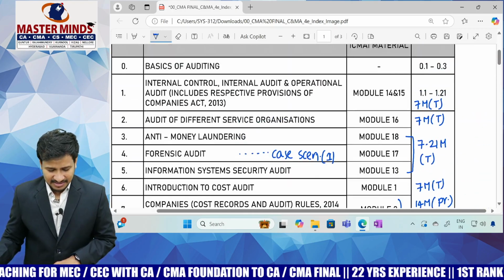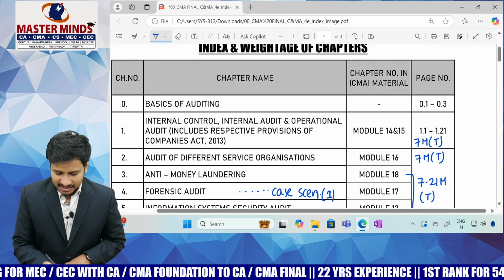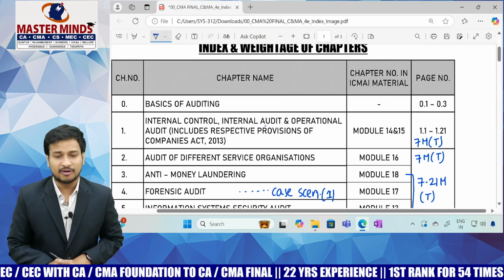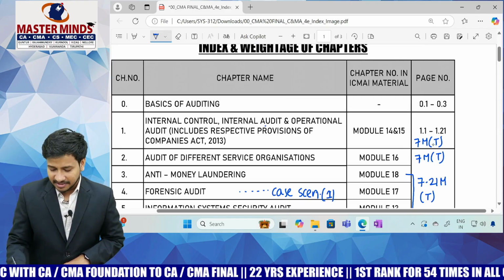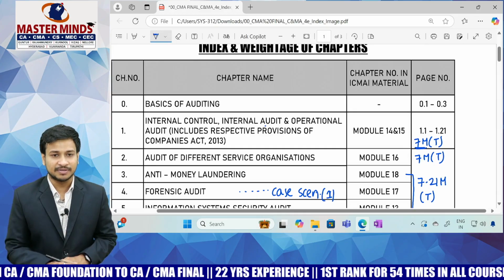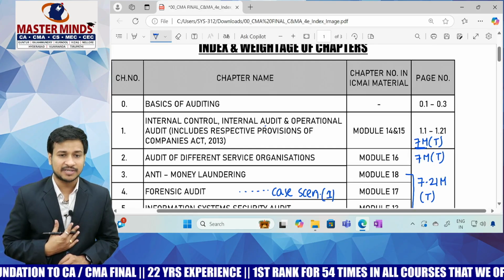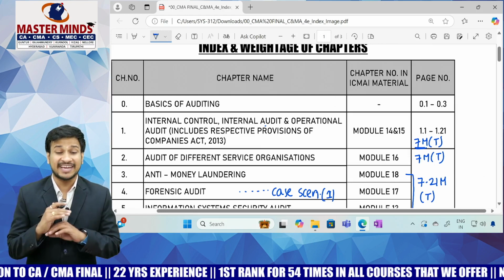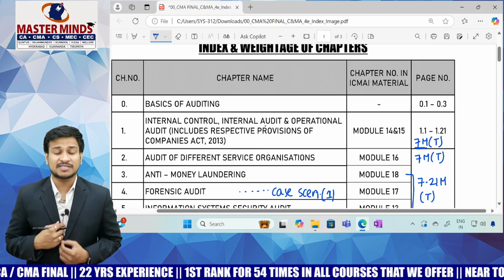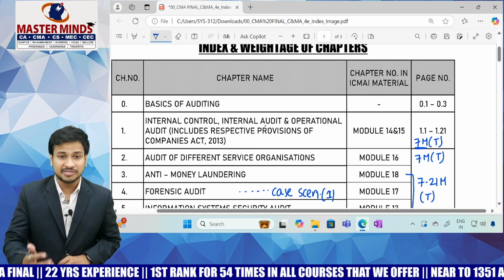So at the first instance, if you observe internal control, internal audit and operational audit, you will get a theory question, 7 marks, sure short question. Those students who are preparing from our materials, Masterminds material, please don't ignore self-study in any context, because we have included such kinds of questions in self-study.